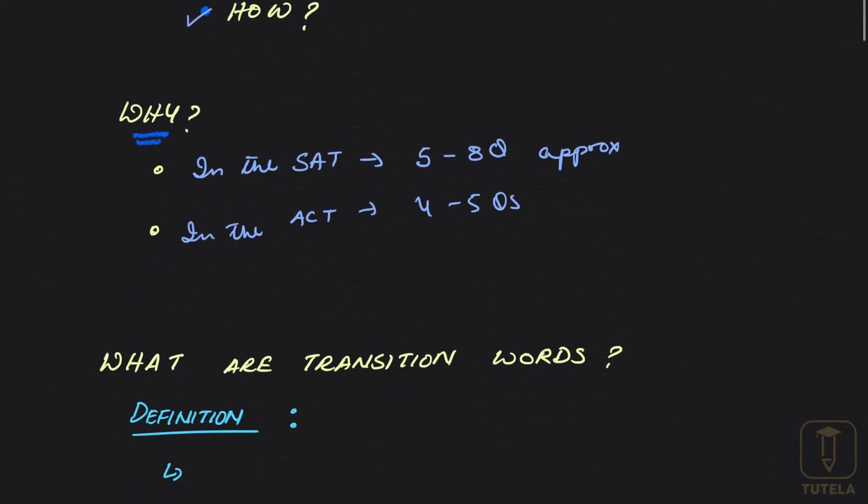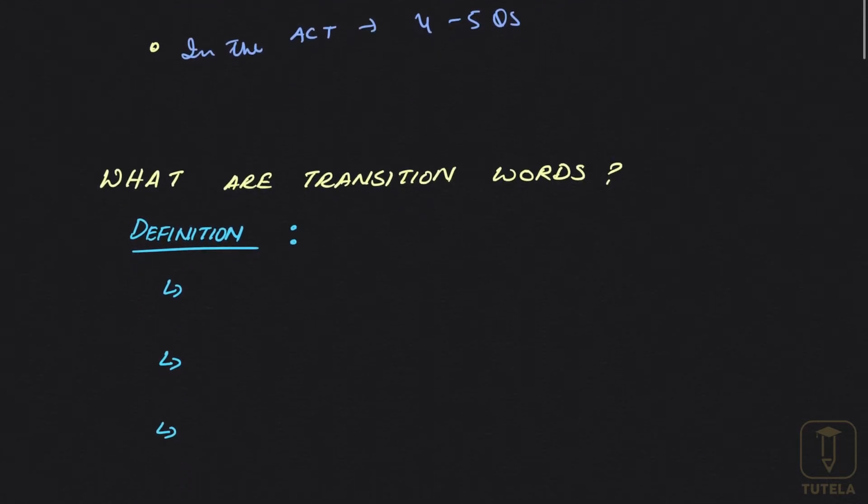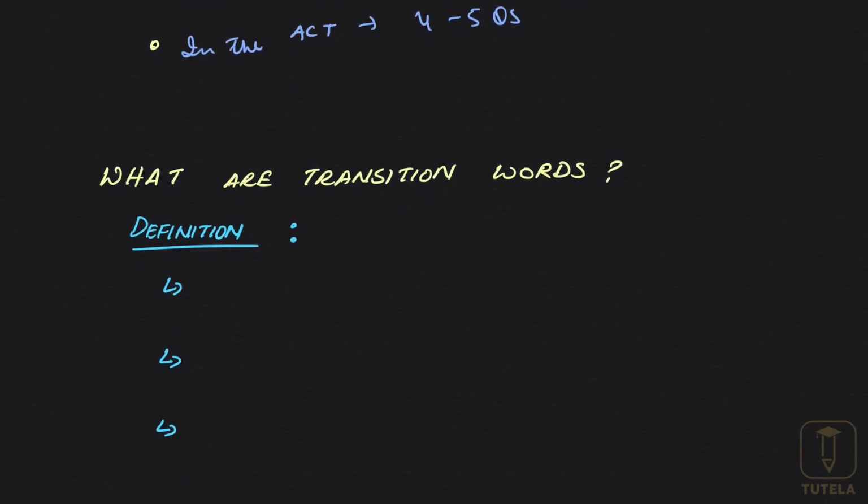Now, moving on to what are transition words exactly? Transition words are words which are used to link ideas and phrases together. So we use them to link ideas and phrases. These words are used to join sentences in terms of meaning.